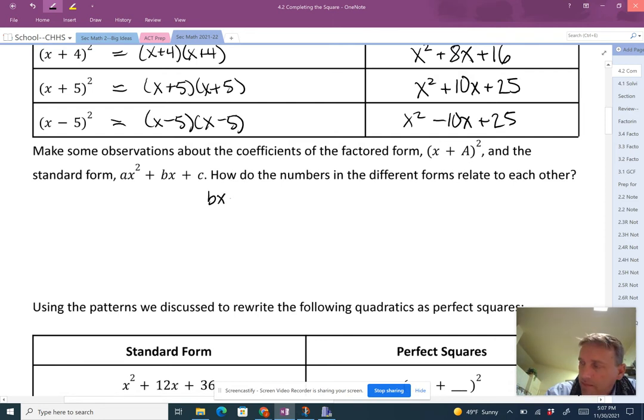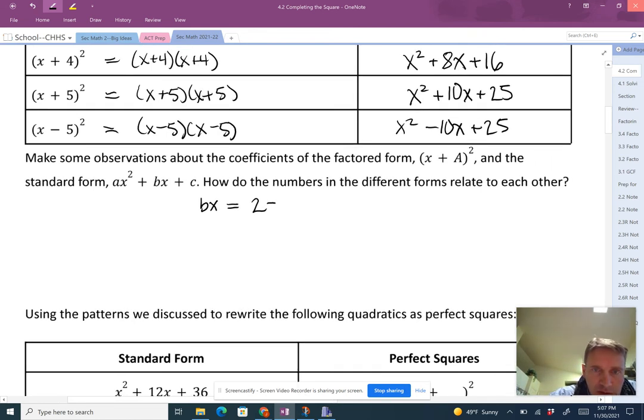The middle term bx is equal to 2 times x times a, or 2ax. And the first term, ax squared, is just equal to x squared.